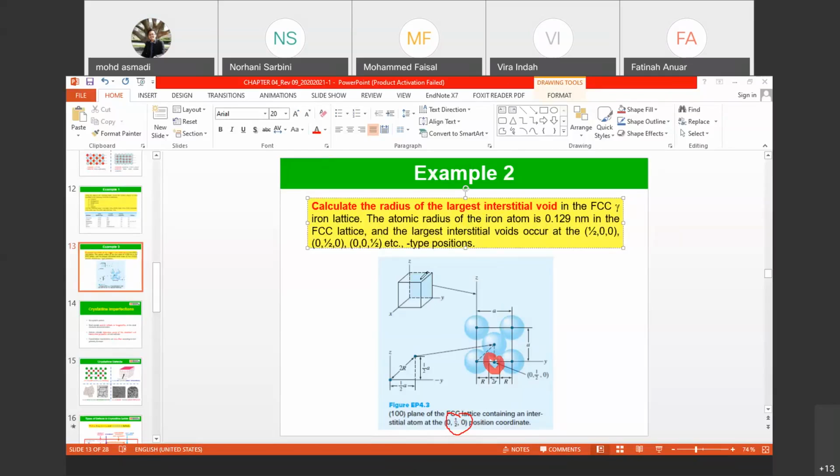For the ions, the radius uses the symbol big R, while for the interstitial atoms we use small r.